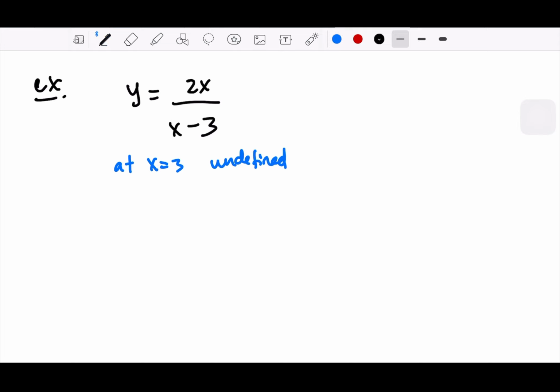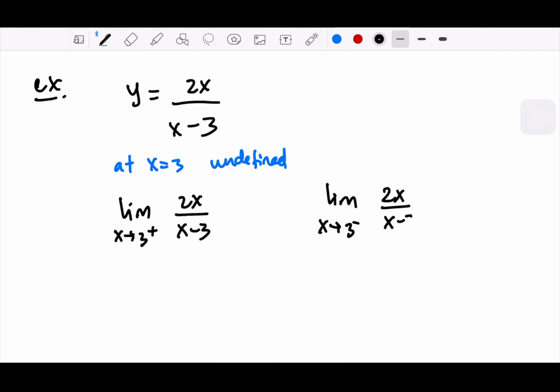And of course, if we are looking in terms of limit, we know that this will be a positive number because x is greater than 3, right?